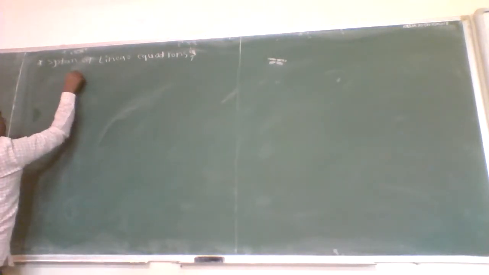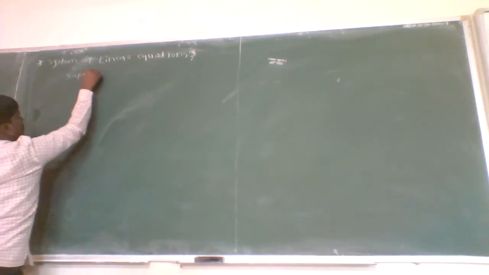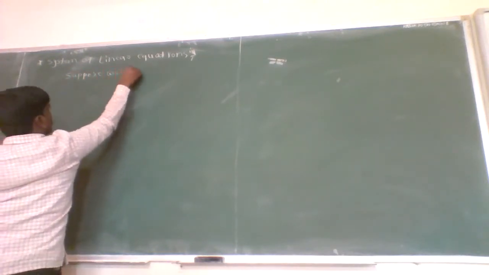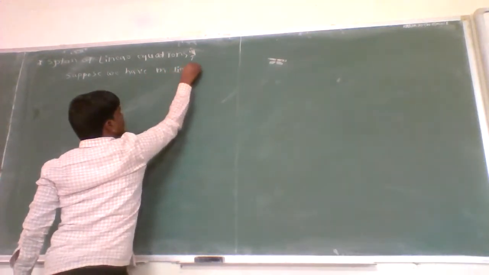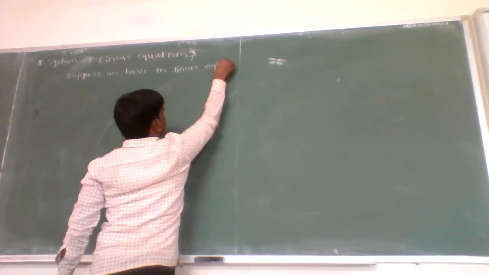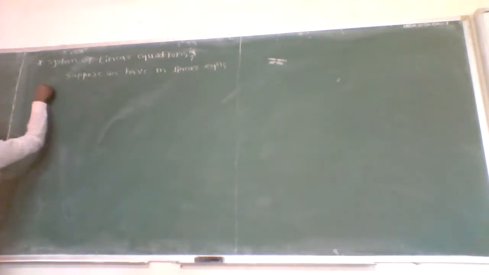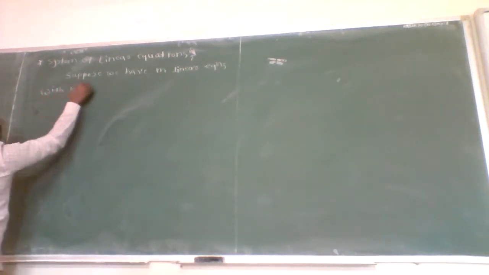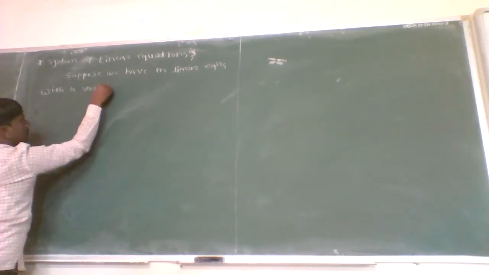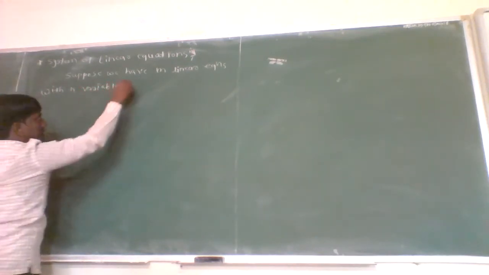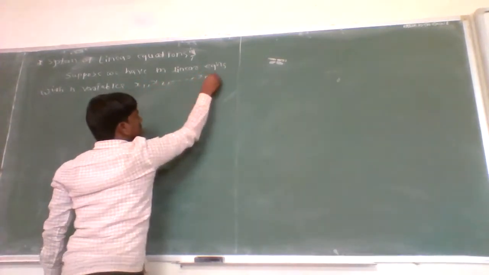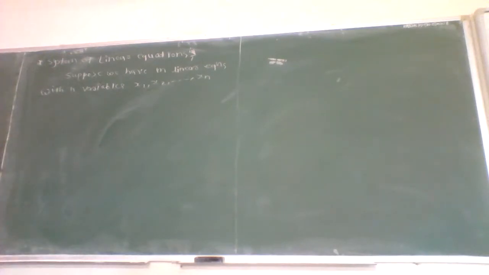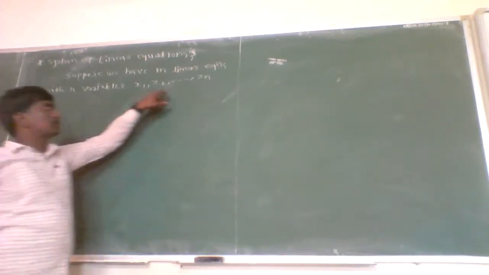System of linear equations. Suppose we have m linear equations with n variables x1, x2, and so on up to xn.